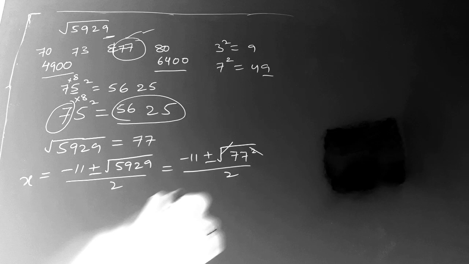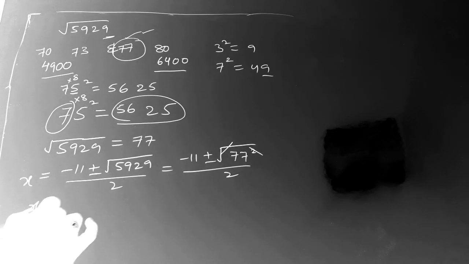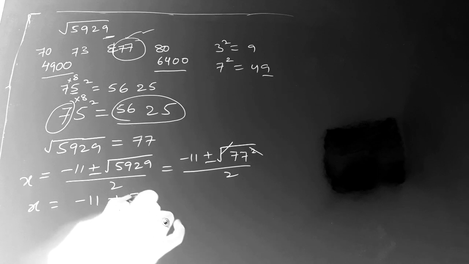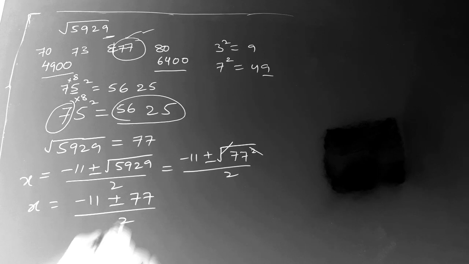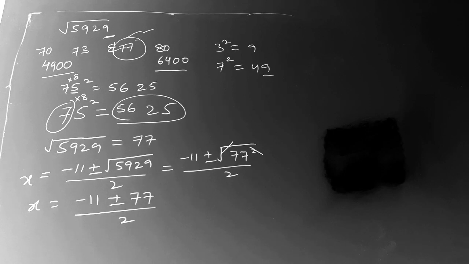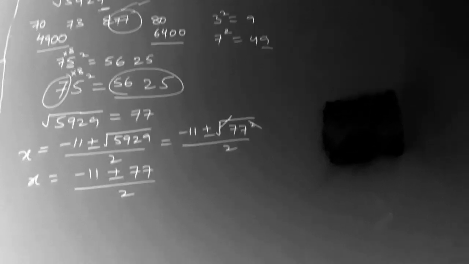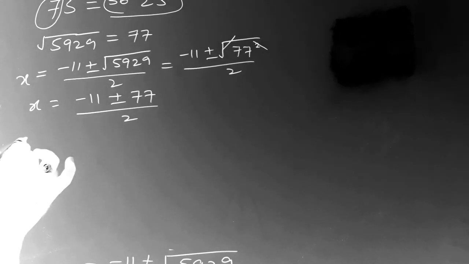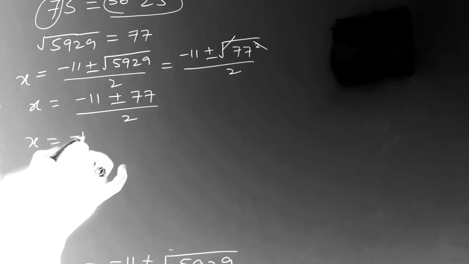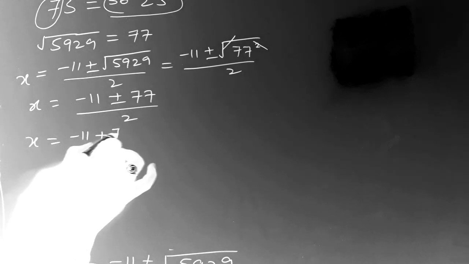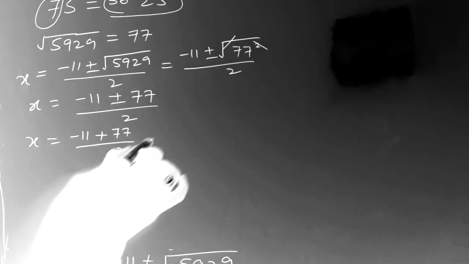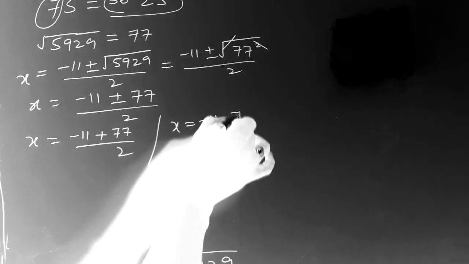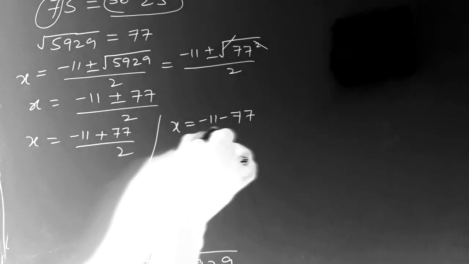Square and root get cancelled. So finally we are left with minus 11 plus or minus 77 by 2. So one time we have to take plus 77. One more time we have to take minus 77. So that is x is equal to minus 11 plus 77 by 2. x is equal to minus 11 minus 77 by 2.